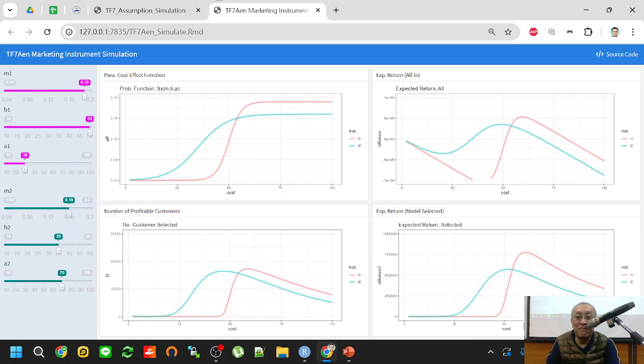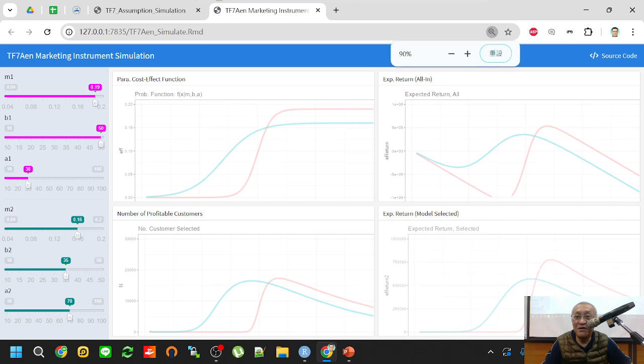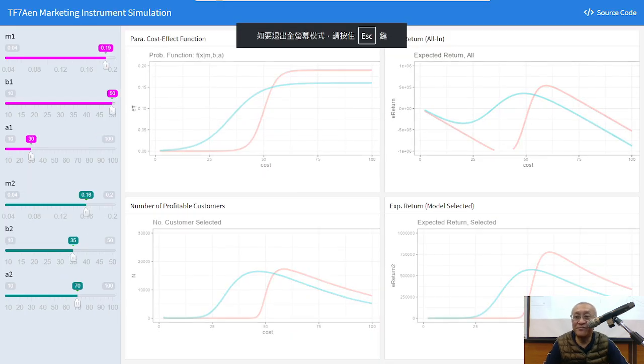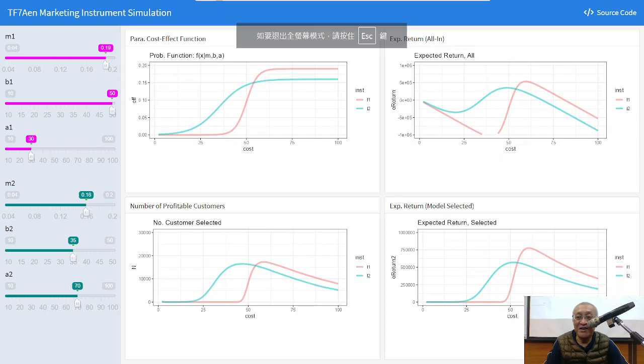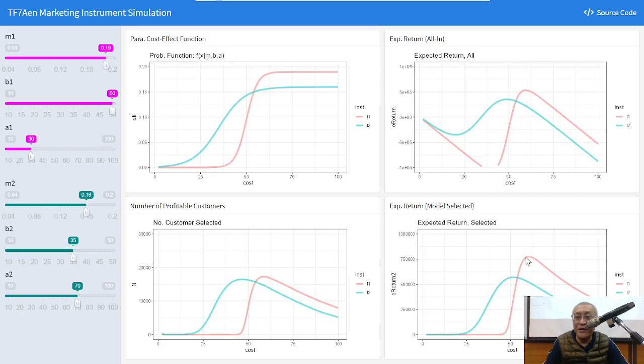We can see that it's easier. So basically, if I want to use this instrument characterized by this set of MBA values, then I better set the cash coupon's face value to about $65, or $60 also.